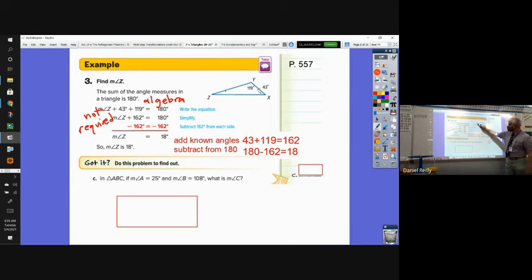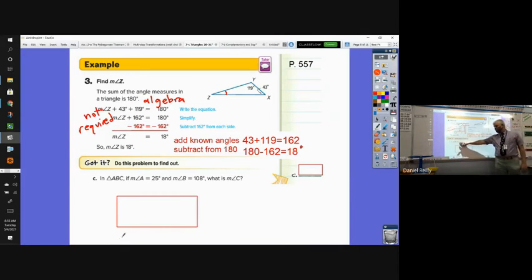That means this 3rd angle has to be 180 minus 162, or 18 degrees. You know 2 of the angles of the triangle. You add them up. You subtract that from 180 to get the 3rd angle.